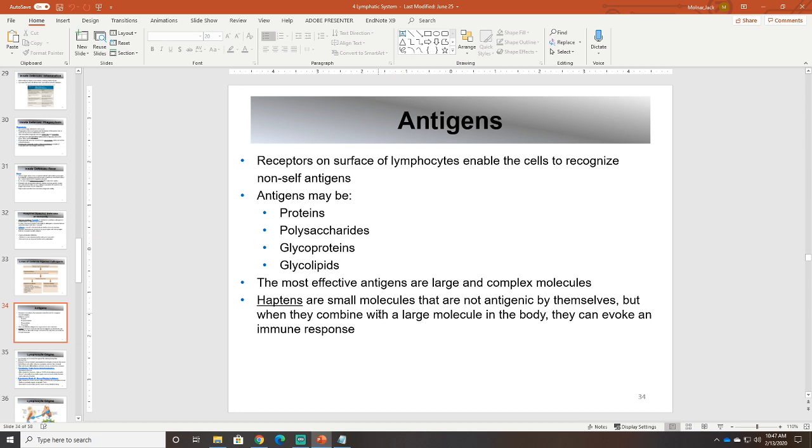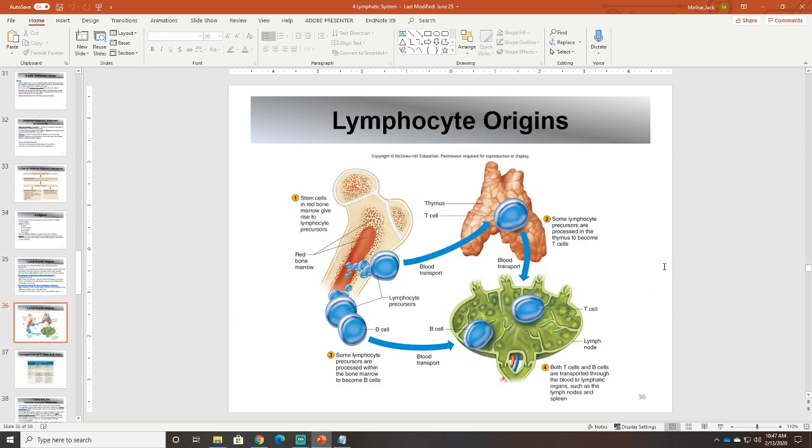And so the most effective antigens are large, complex molecules because they're easy to recognize. Haptens are small molecules that are not antigenic by themselves, but they can combine with a large molecule in the body and then evoke an immune response.